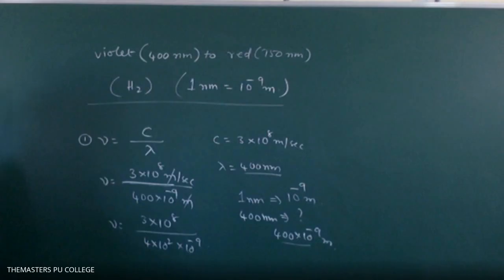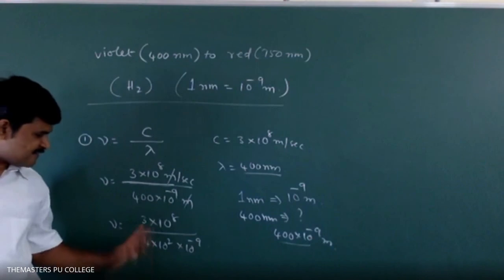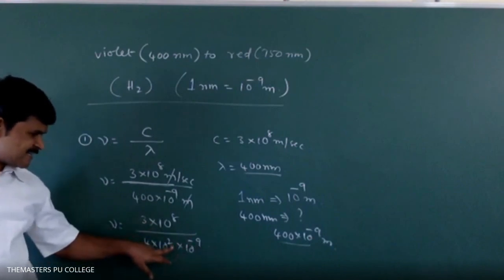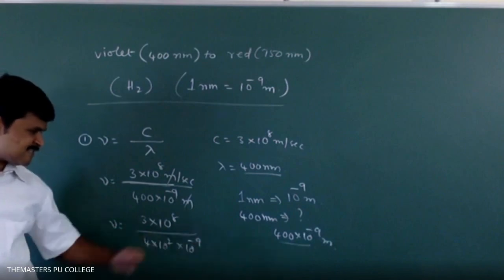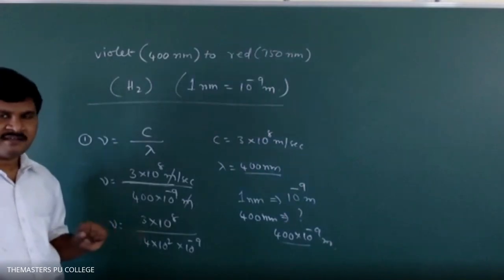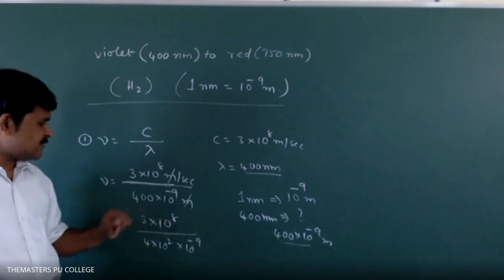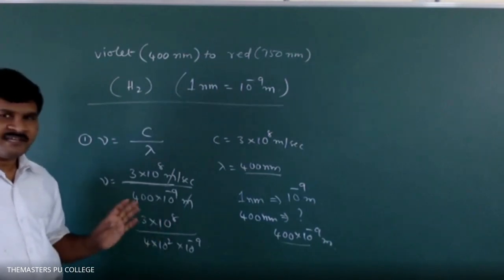So 10 power 2 into 10 power minus 9 is 10 power minus 7. That is below, so going up it becomes 10 power plus 7. Then 7 plus 8 is 15.